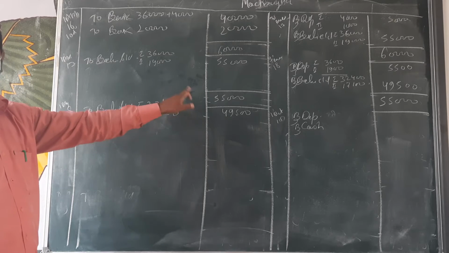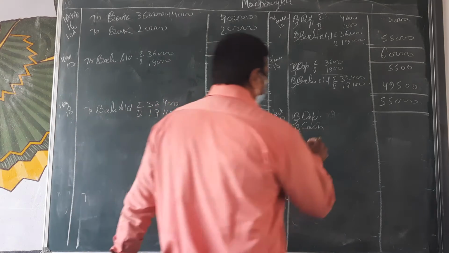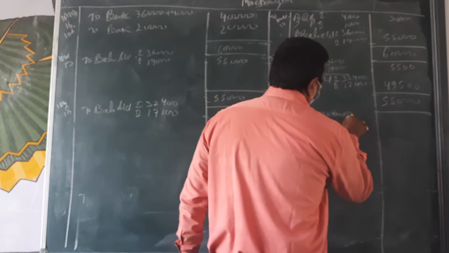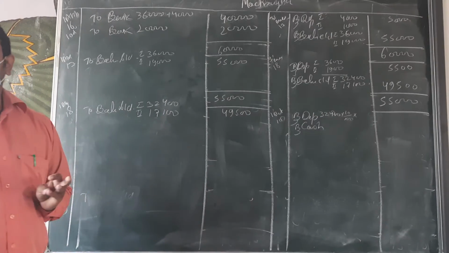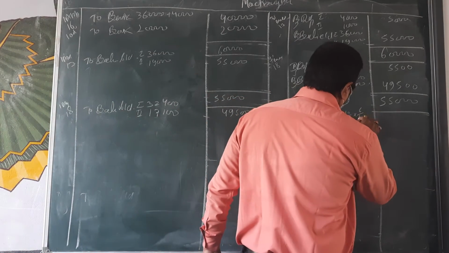So first we are charging what? Depreciation. Before the selling, just charge the depreciation. 32,400 into 10 upon 100 into up to October. It means 6 months, so 6 upon 12.